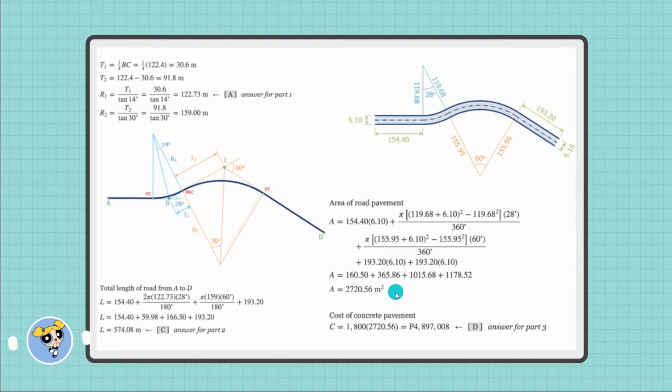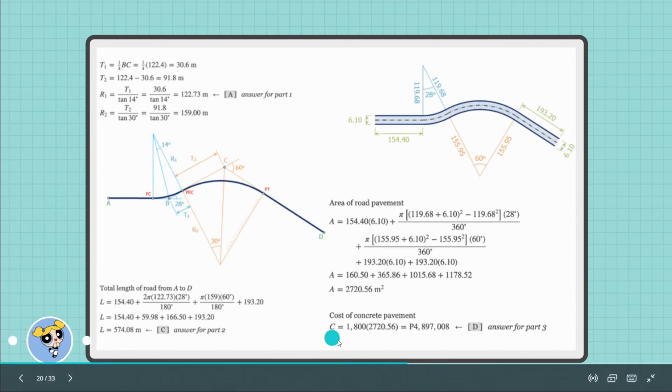The cost is equal to the unit cost, which is 1,800, multiplied by the area, or simply 2,720.56. Thus, the overall cost is 4,897,897,008 pesos.